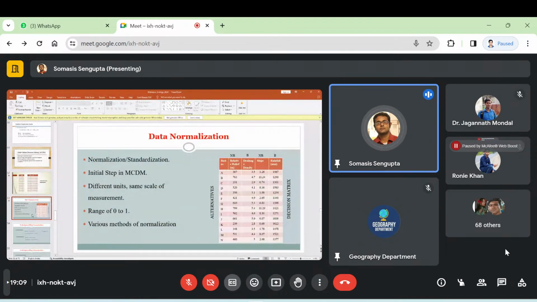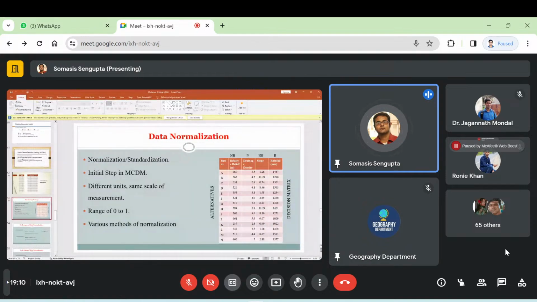See, here suppose I have taken flood susceptibility. There are river basins. I have four parameters: relative relief, drainage density, slope, and rainfall. Now, rainfall and drainage density are positive factors for flood, so I have written B, that is beneficial factors.